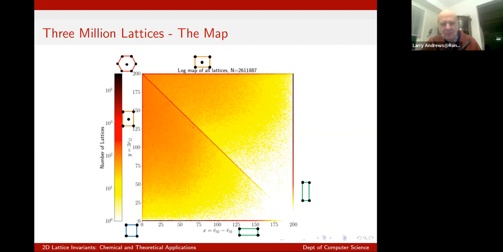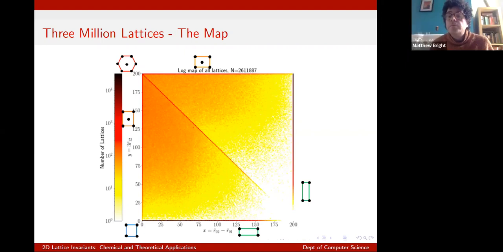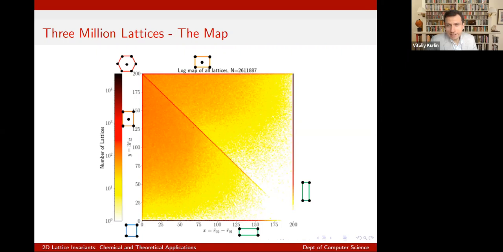Matt, since the monoclinic lattices are so interesting, maybe next time you give a talk on this topic, it would be nice to include also a continuous map covering only oblique two-dimensional lattices taken from monoclinic crystals.